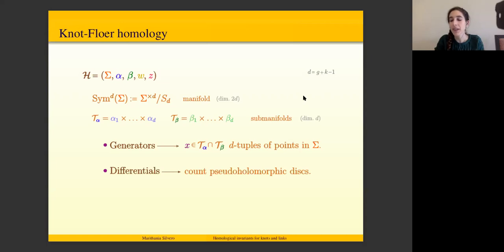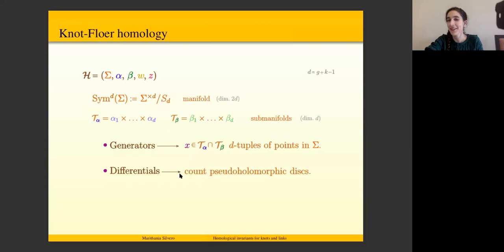There are existence results saying you can always find a Heegaard diagram satisfying certain properties, but we don't know which one is the best one to do computations. So we don't want to choose a specific diagram. In fact, you will see that we won't go very, very far with this in terms of doing computations.